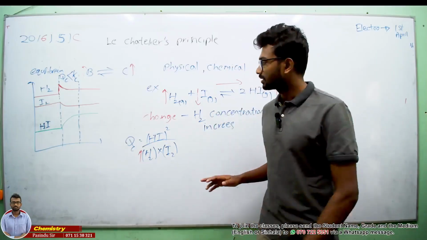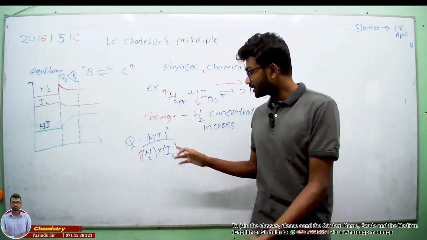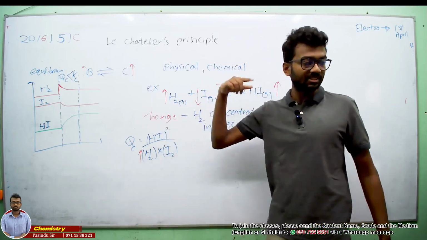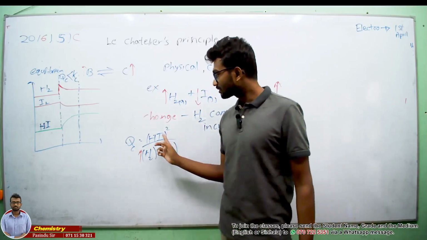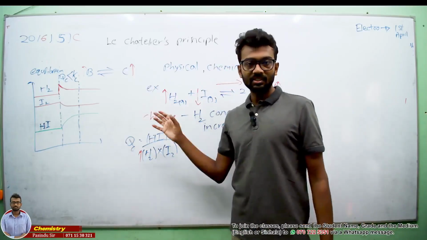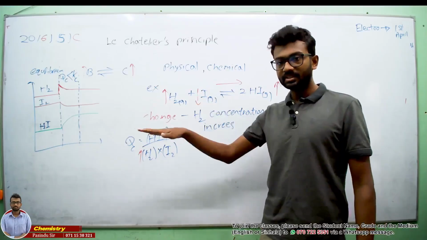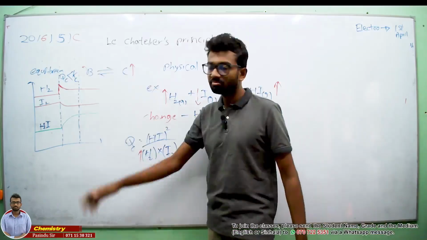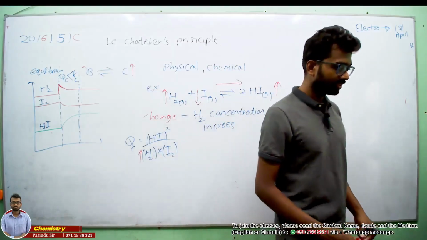That's the pathway. Anyhow, if we change HI, what will happen? QC gets higher. If QC is higher, QC should reduce, so the system goes backward. That's what happens.